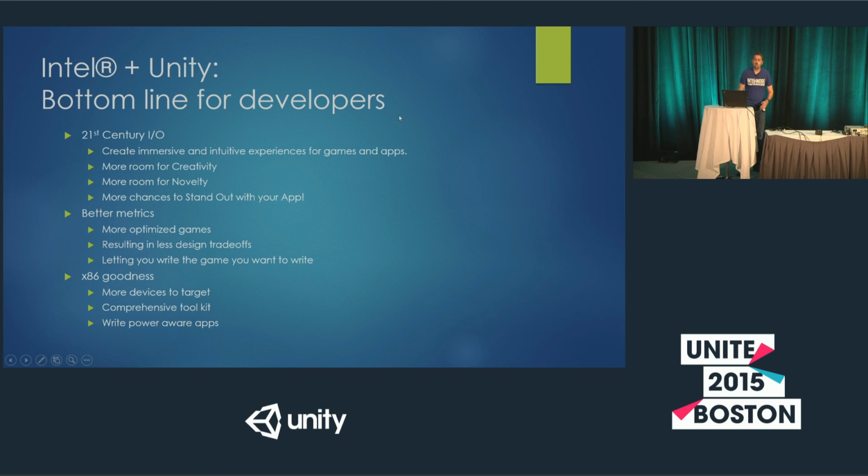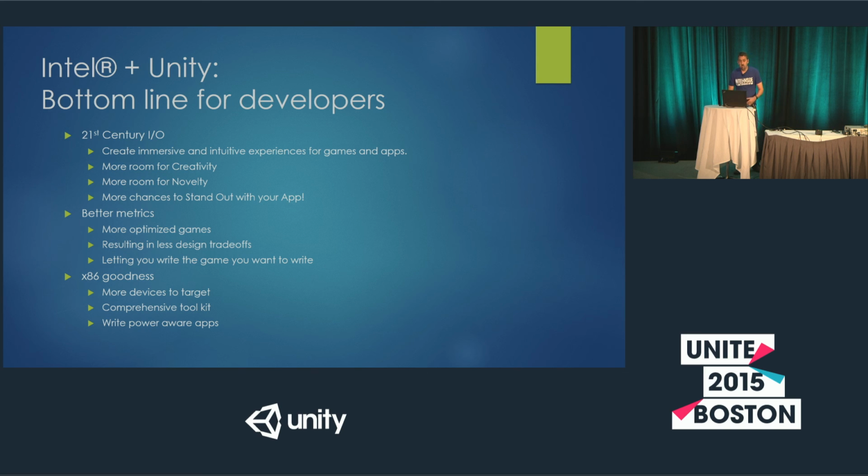So just to summarize, we're trying to give you another way to differentiate your apps by adding some unique capabilities and interaction, and with Intel trying to integrate this hardware on common form factors like laptops, tablets, and phones, it's going to have more devices out there for your users in the future.